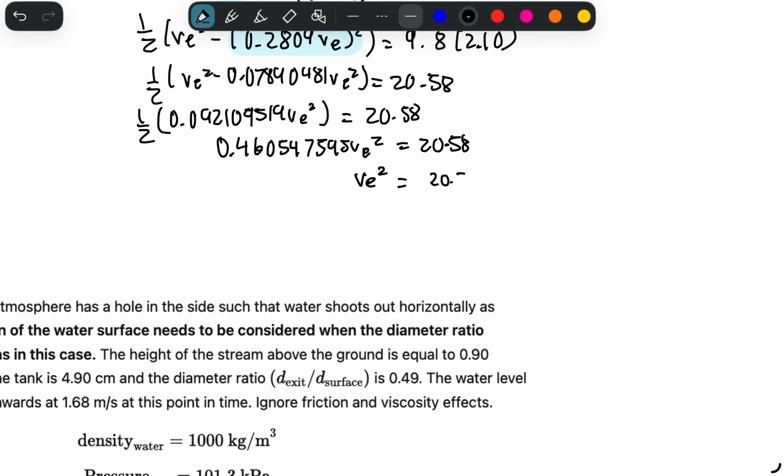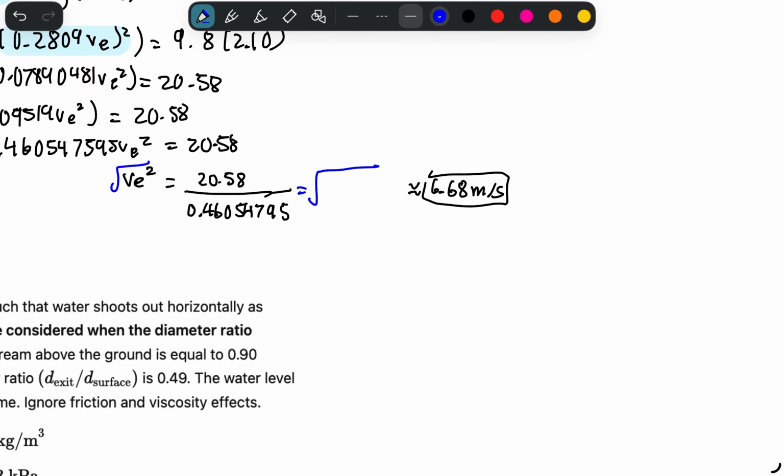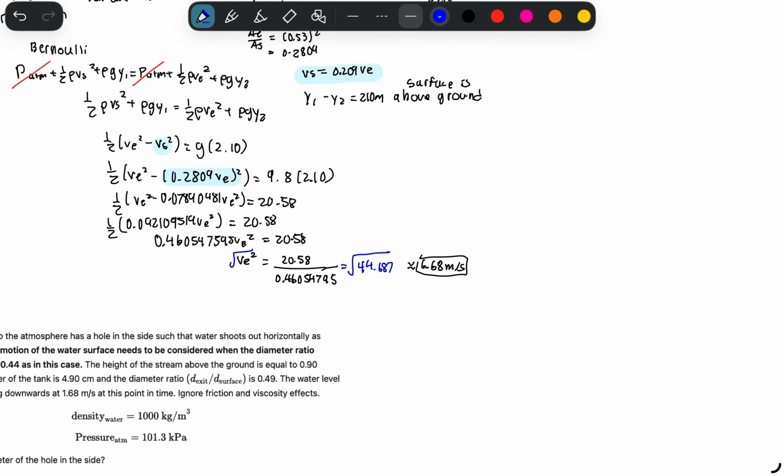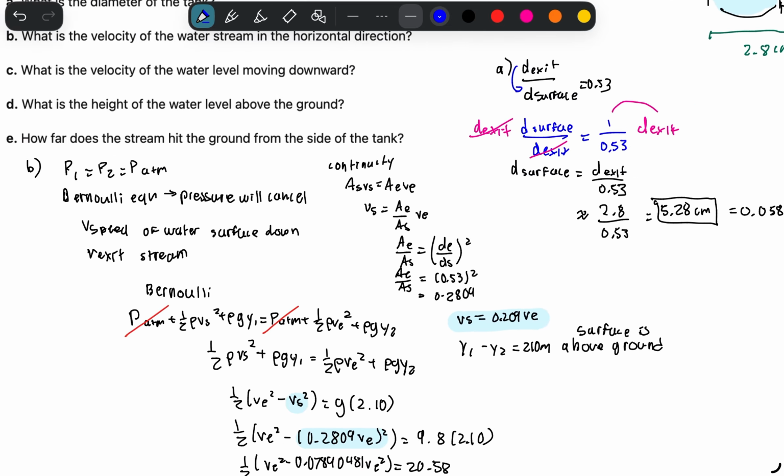If you take 20.58, take the root of this, then you take the root of the product, which was 44.687. Now we're asked what the velocity of the water level moving downward is.